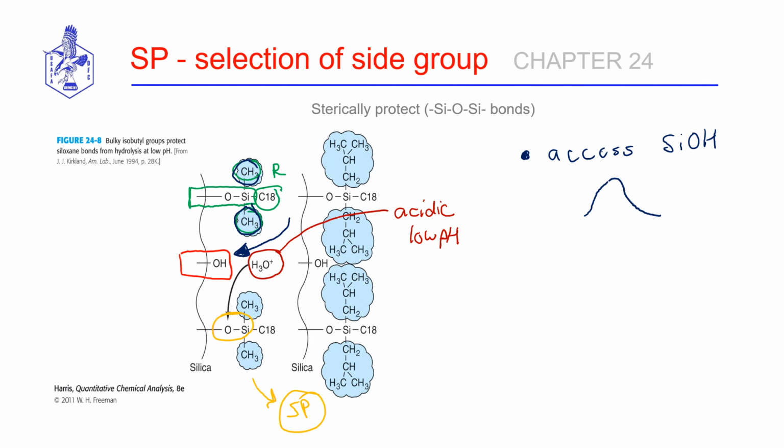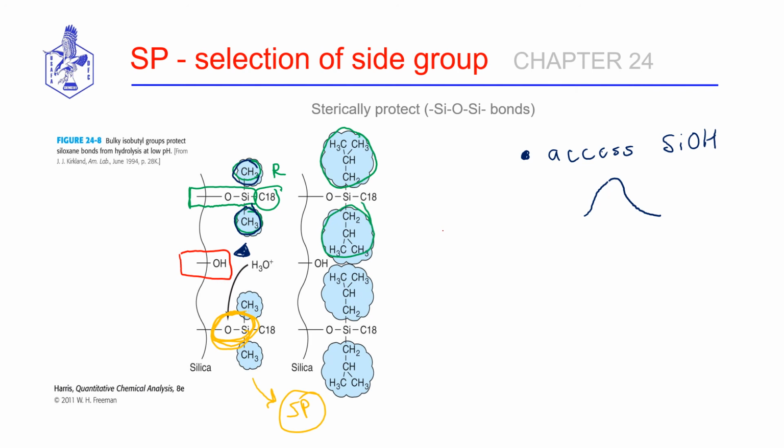So if we can protect these siloxane bonds better, we can prevent that from happening. One way to prevent that, let me get rid of some of my drawing here. Okay, the best way to protect my siloxane bonds is, instead of putting on a methyl group as my side group, why don't I put something big and bulky, such as an isobutyl group?